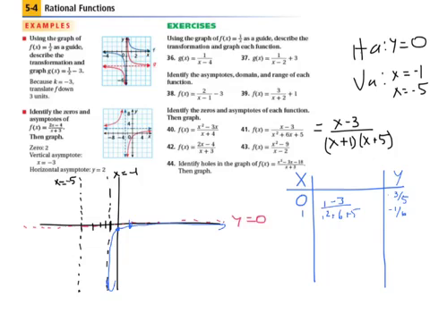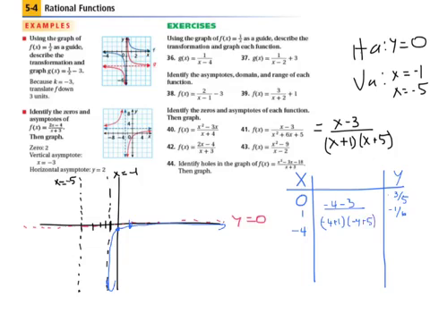Then I need something in between, so I'm going to pick negative 4, say. Let's do negative 4. I'll erase this work so I have some room. So we get negative 4 minus 3 over negative 4 plus 1 times negative 4 plus 5.